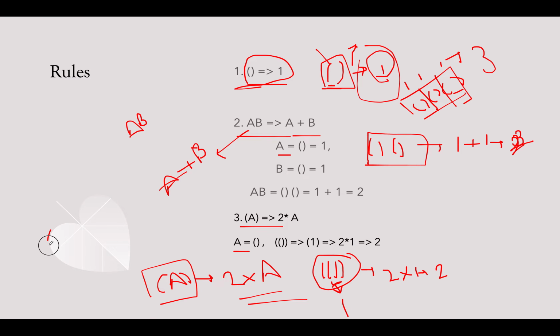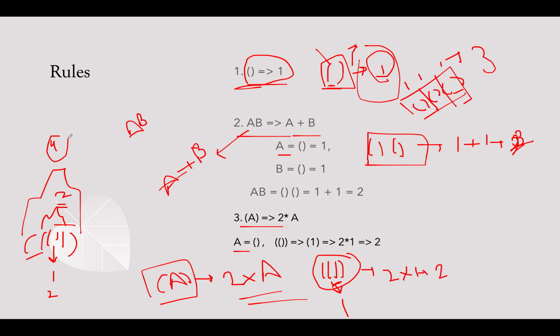What would be the case when a string has 3 opening brackets and then 3 closing brackets? The innermost value would be 1, the next would be 2 times 1, which is 2, and for the outermost it would again be 2 times the inner value 2, which is 4.